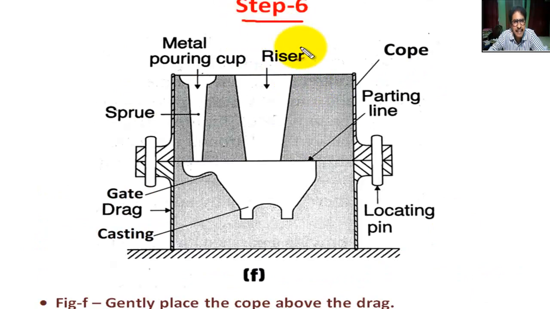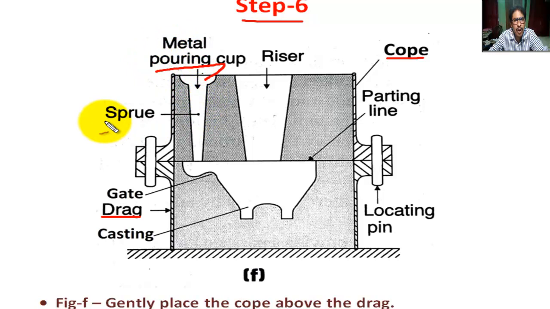In step 6, this is the cope portion, the upper portion of the molding box. This is the lower portion of the molding box. This is called drag. This is called cope. In the upper portion is the pouring cup.